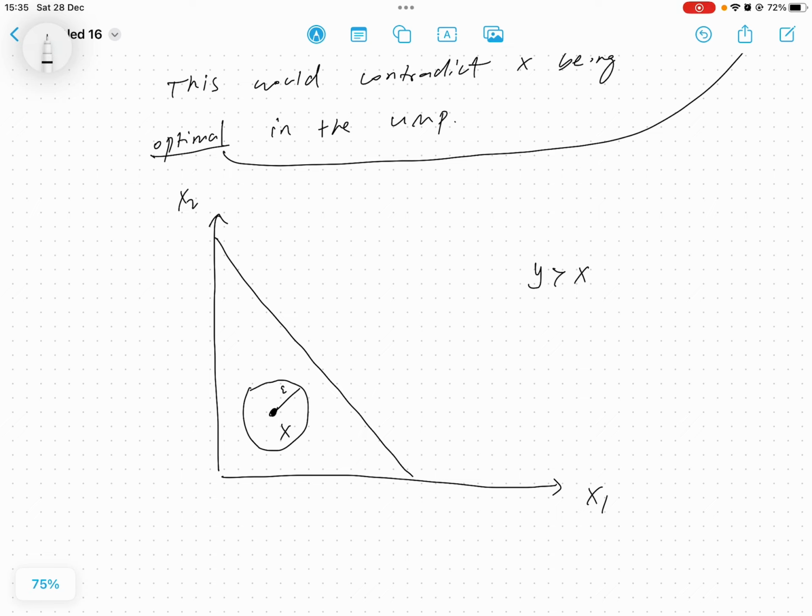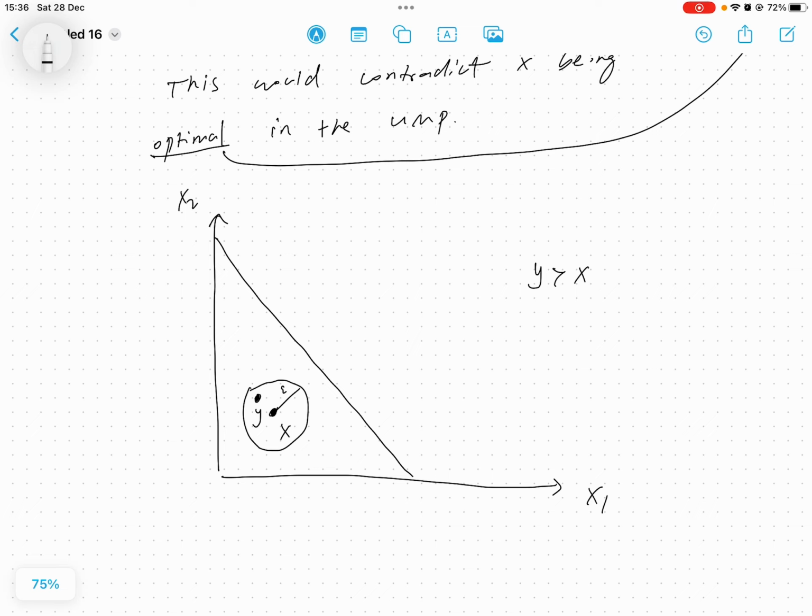Then we can find some point y, say this point, such that y is still within the budget set, so p inner product y is less than w, but by local non-satiation, y is strictly preferred to x itself.